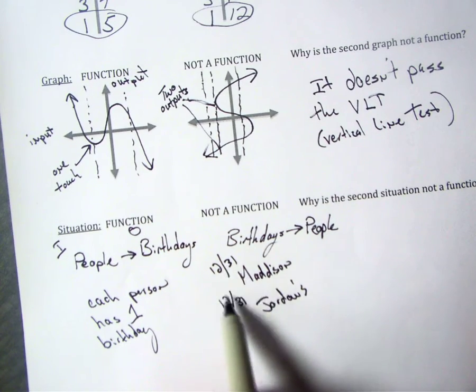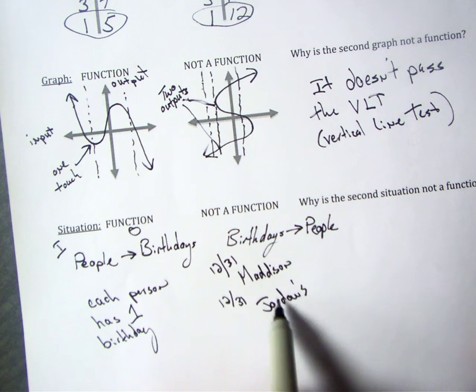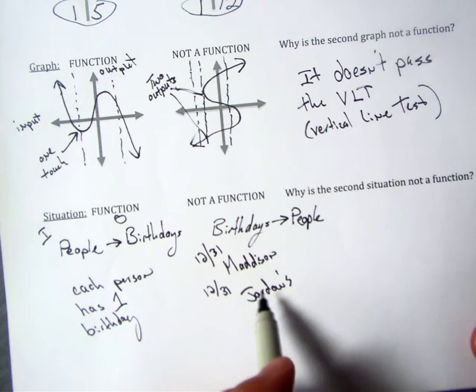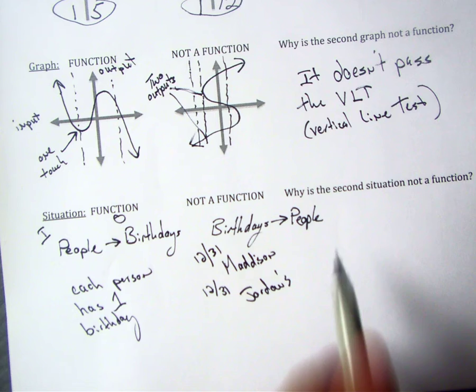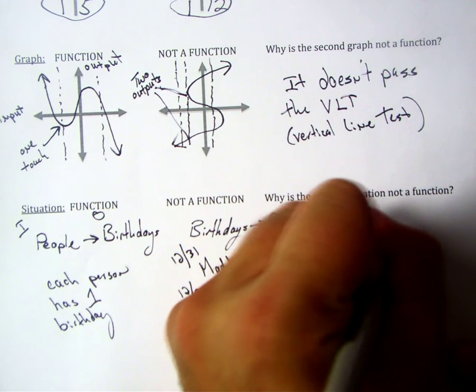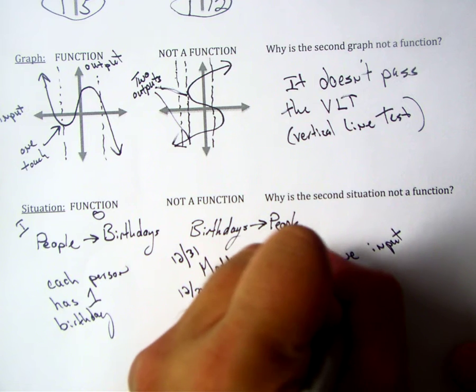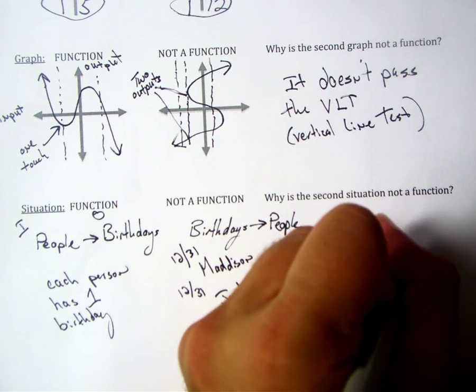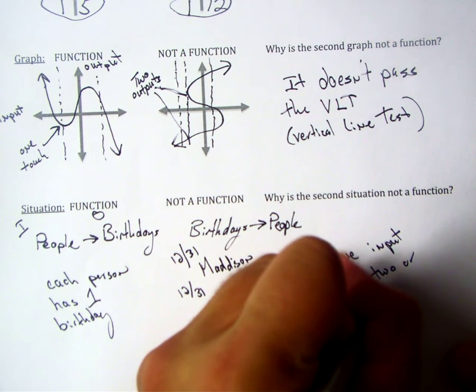So there's one input of 12/31 gives me two different outputs, right? So that is why the second one is not a function. One input has two or more different outputs.